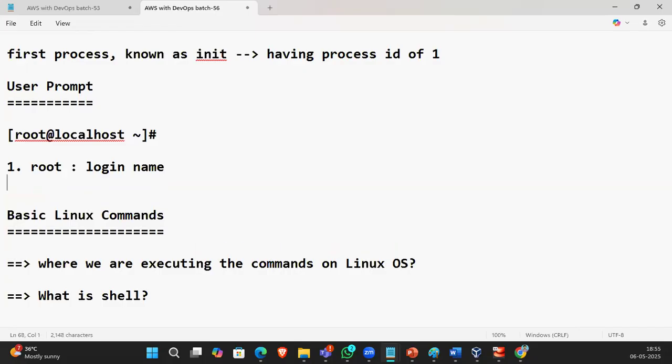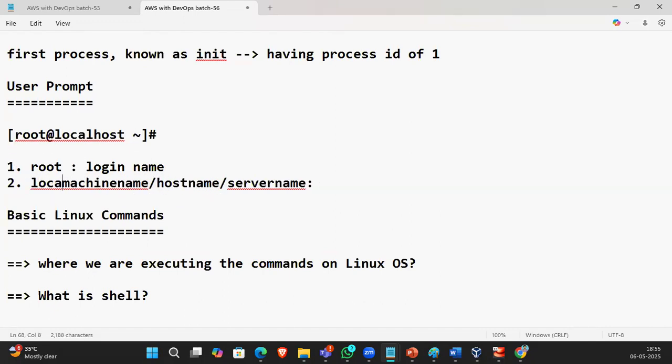Second one is the machine name, host name or server name. Understood?